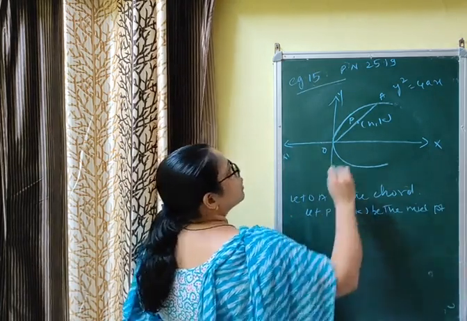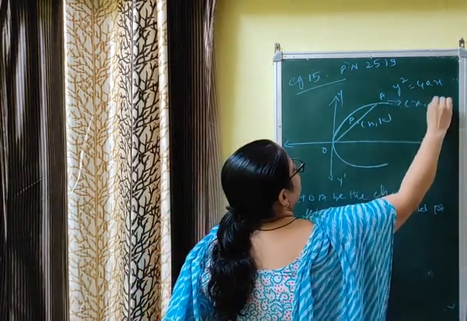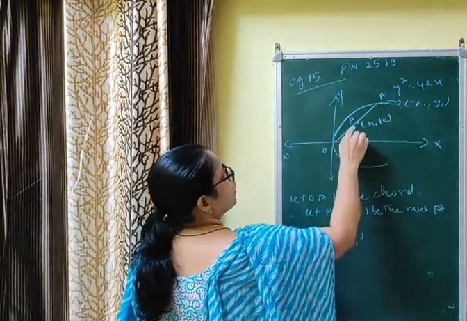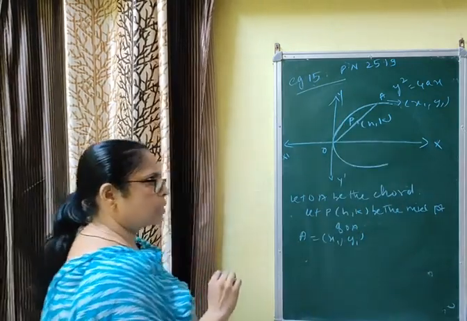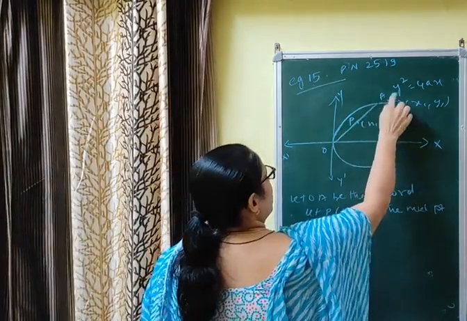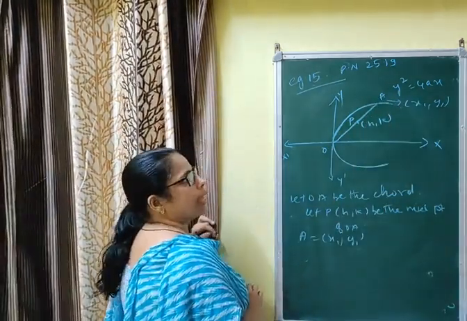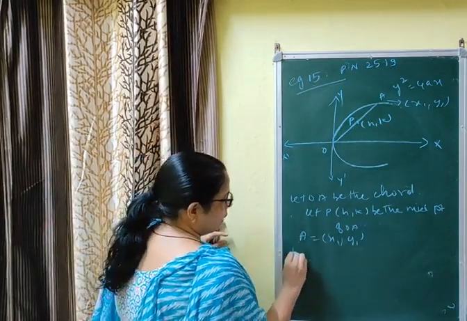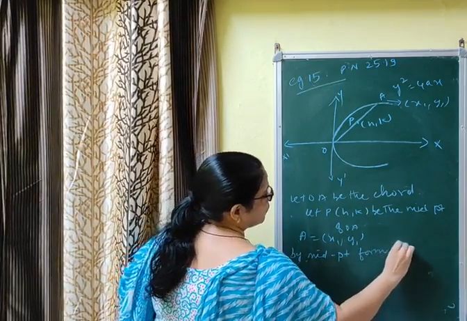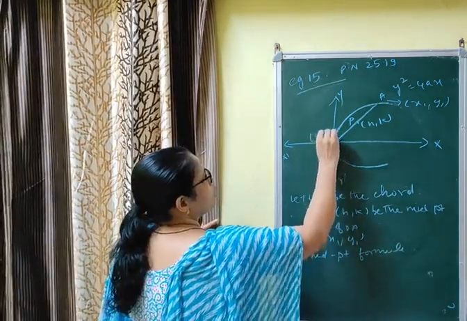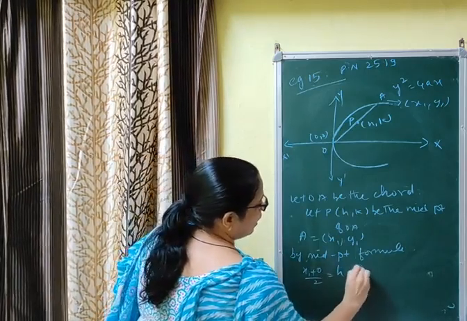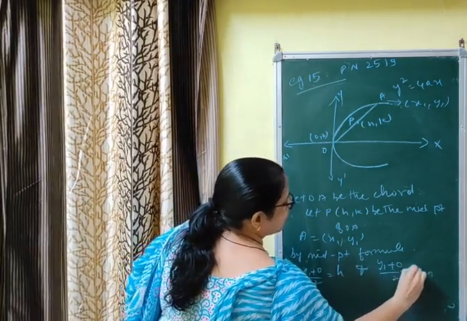OA. Let the coordinates of A be (x1, y1). Now we have to find the locus of P. That means you have to express x1, y1 in terms of h, k so that you can put the coordinates of A on the parabola y square equal to 4ax, because A lies on it. By the midpoint formula, since O is the origin, this is (0, 0). x1 plus 0 by 2 is equal to h and y1 plus 0 by 2 is equal to k.